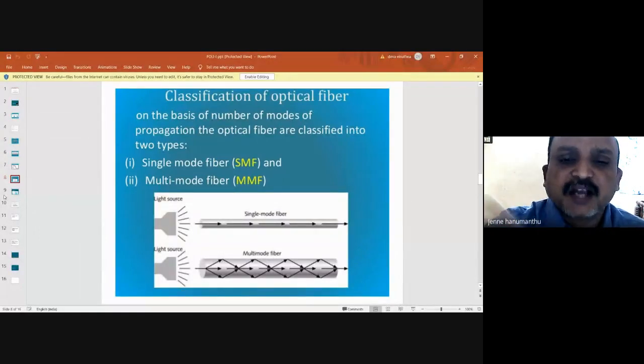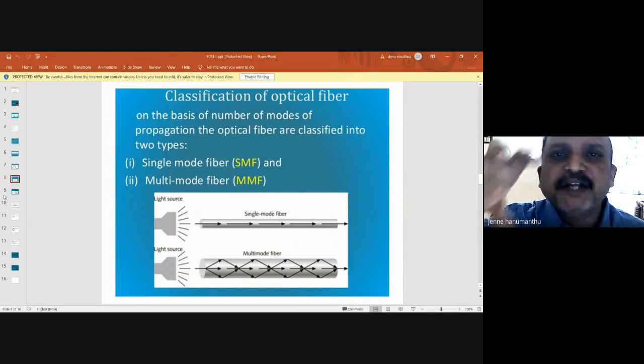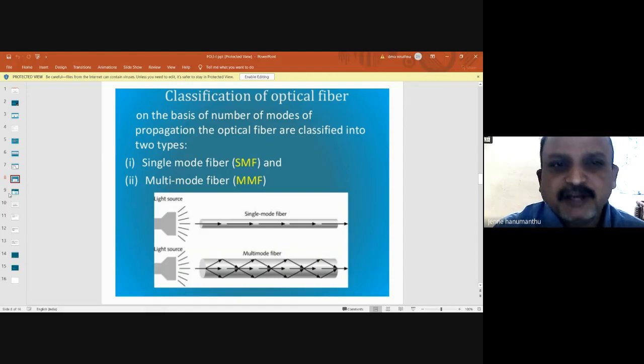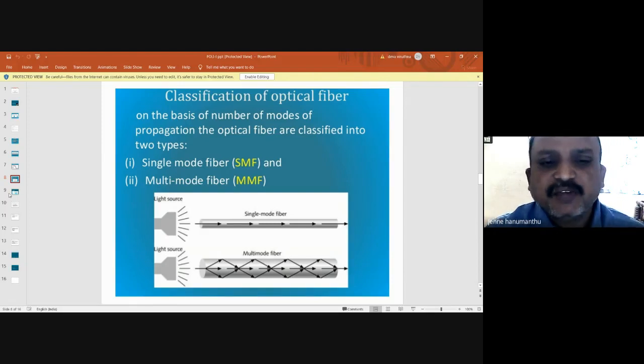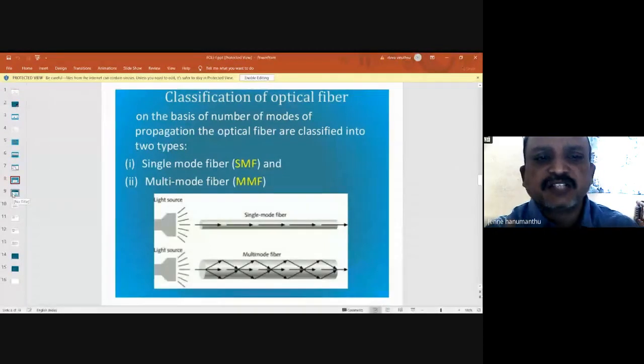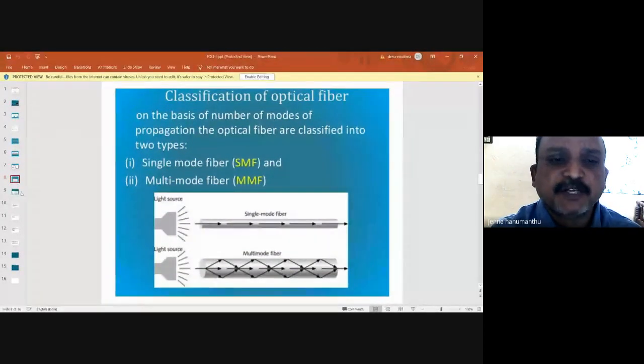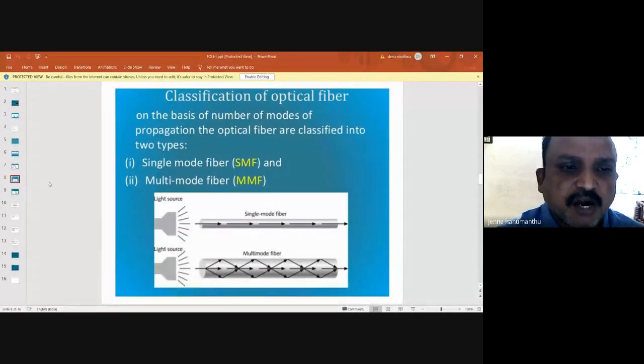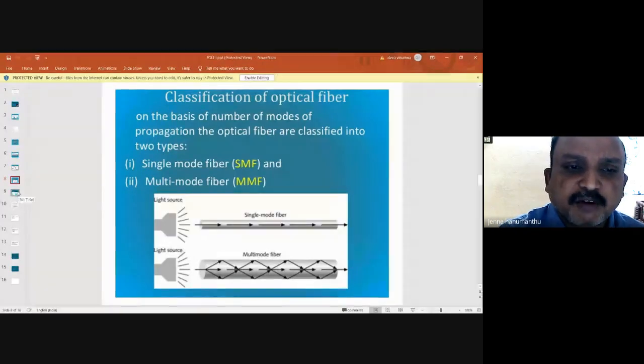Optical fibers in communications, for example long haul communications or other point to point links, you select a simple multimode fiber because we are not expecting that much accuracy there. So accordingly, you select the types of fibers whichever you want. So this is single mode and multimode fibers.